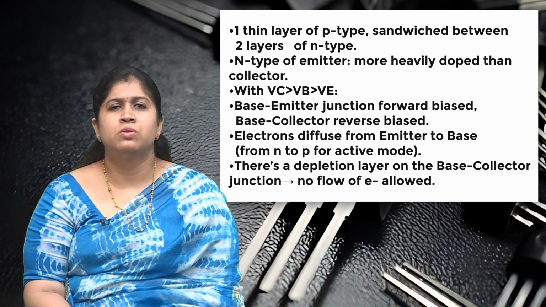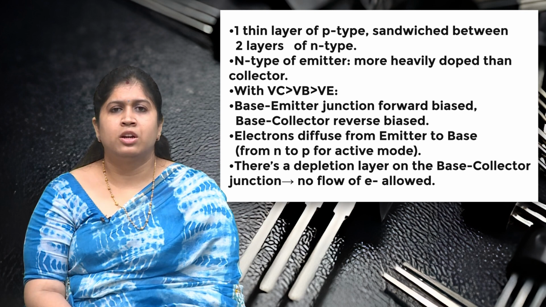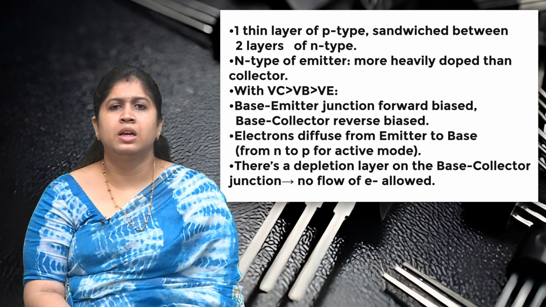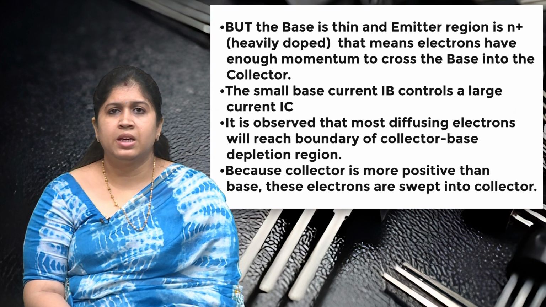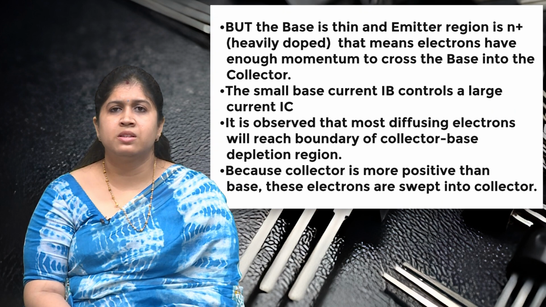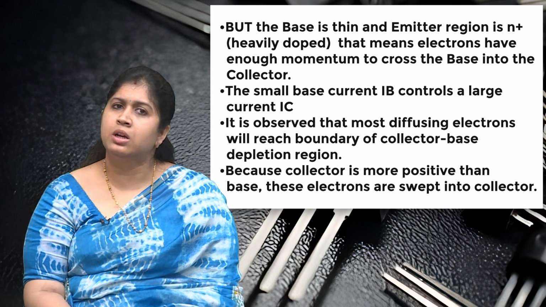Electrons diffuse from emitter to base, from N to P. In active mode, there is a depletion layer on the base-collector junction where no flow of electrons is normally allowed, but the base is thin and the emitter region is N plus, heavily doped. That means electrons have enough momentum to cross the base into the collector.